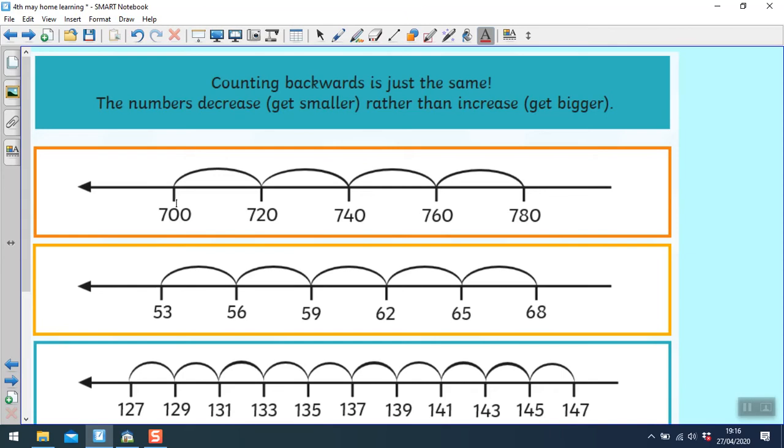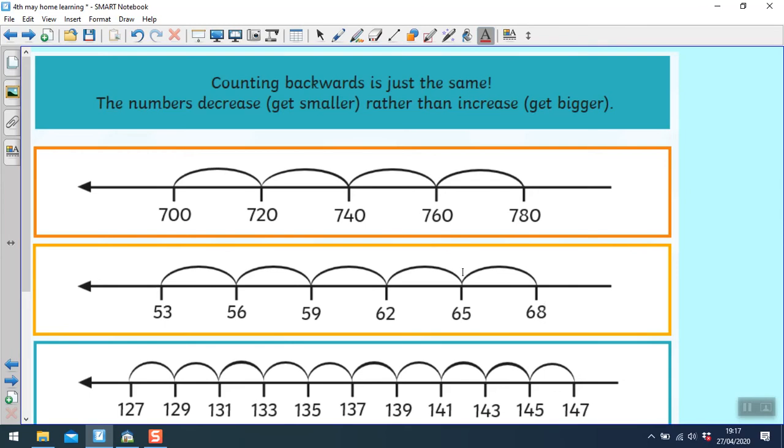Do you know what it's decreasing by this time? 780, take away what equals 760? You're taking away 20. So what is 700 take away 20? We can think 70 tens take away 2 tens is 68 tens, so it's 680.